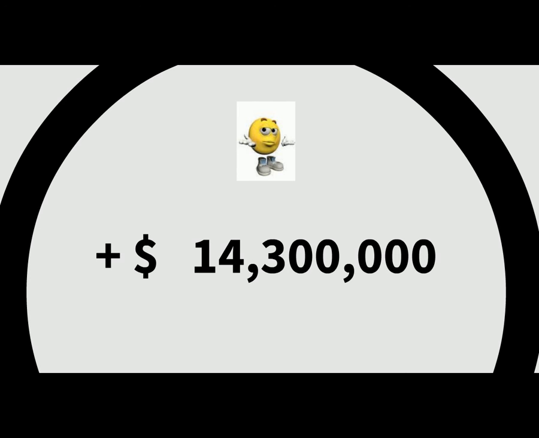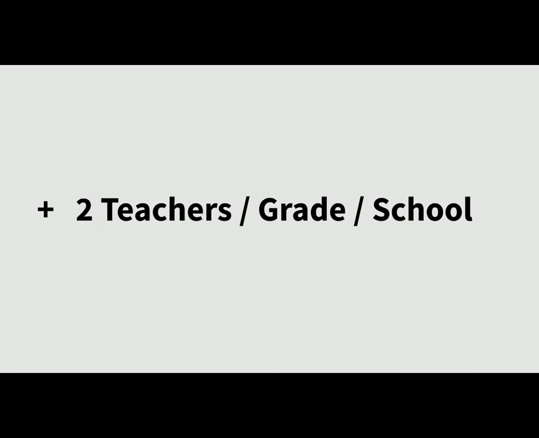To add perspective, if my district, Putnam City Schools, had received in fiscal year 16 the level of funding we received in fiscal year 9, we would have had $14.3 million more in state aid. An extra $14.3 million means we could have added almost 2 teachers per grade per school.